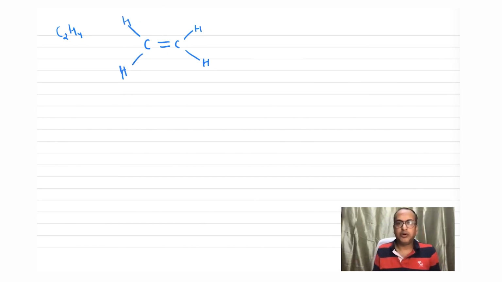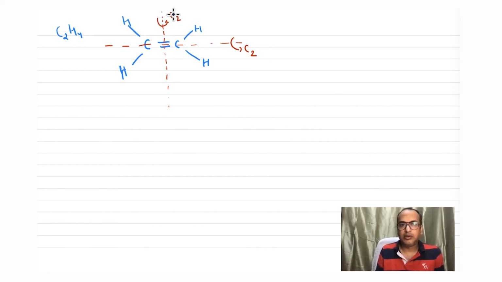So let's try to draw what all proper axes of rotation will be present in this. So one of them is very clear. It's passing through the CC bond, C2. Another is bisecting the CC double bond. And the third one is actually perpendicular to the plane of the board and through this bond, right?